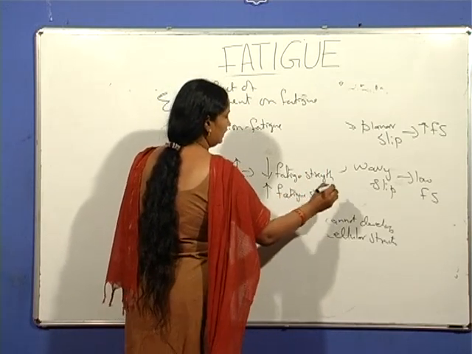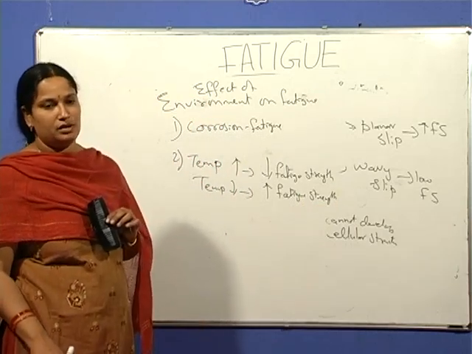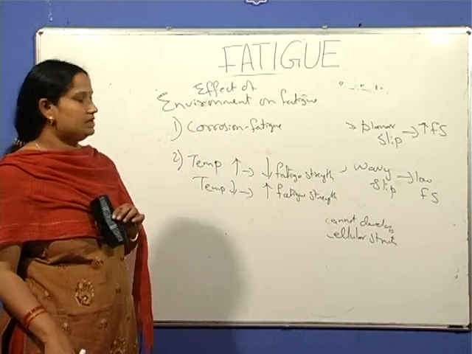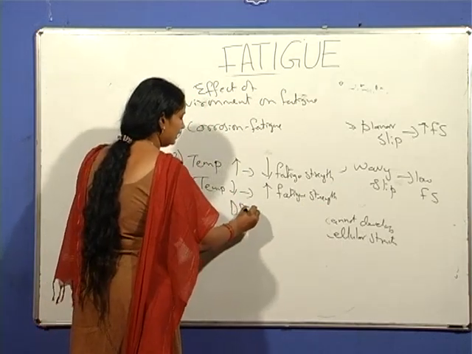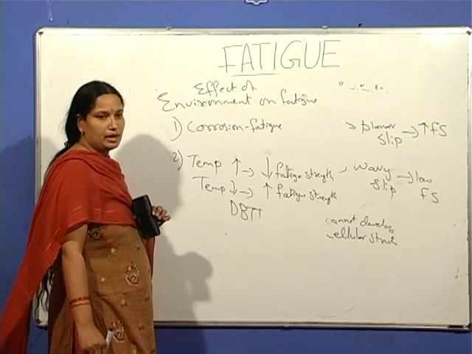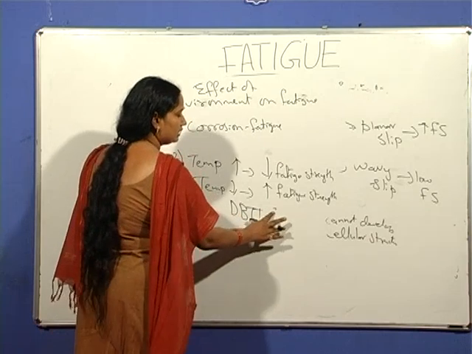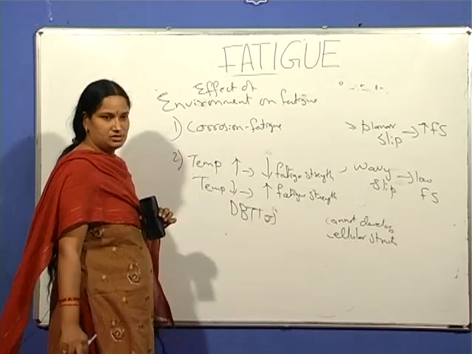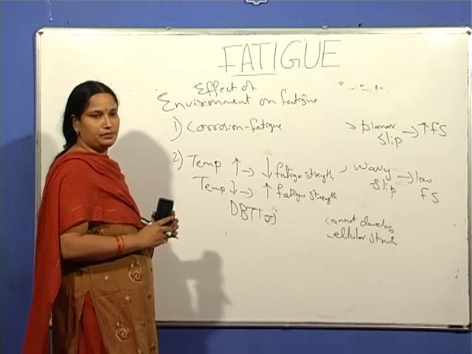And there is no evidence of any change in the fatigue behavior when it is tested at very low temperatures. That means at the DBTT, the ductile-brittle transition temperature, there is no change in the fatigue strength, no change in the fatigue behavior.